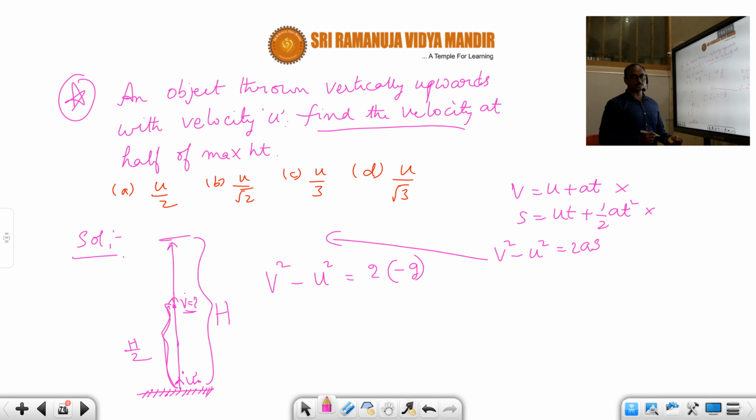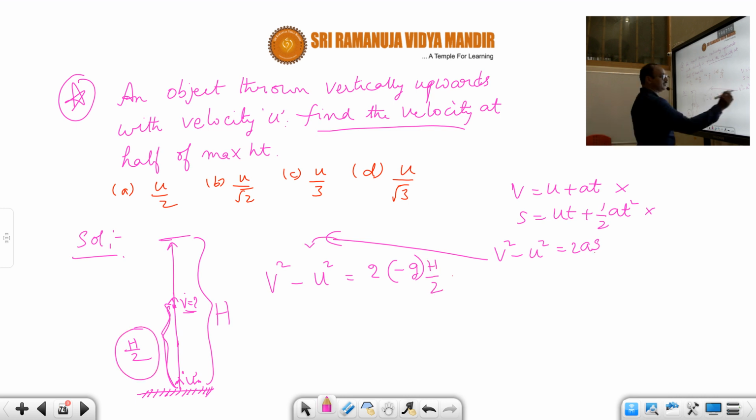That is the property of the earth; we are not able to change that. So applying the sign rule for the downward direction, it is always equivalent to minus g. And the height s is nothing but the height at which we are finding, H divided by 2. So s equals H divided by 2.